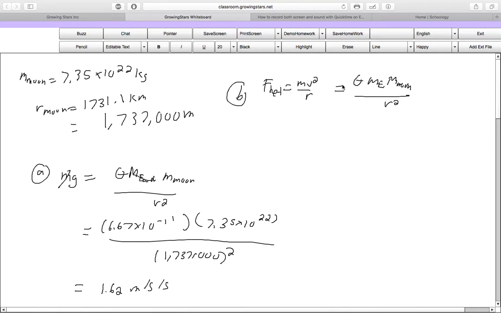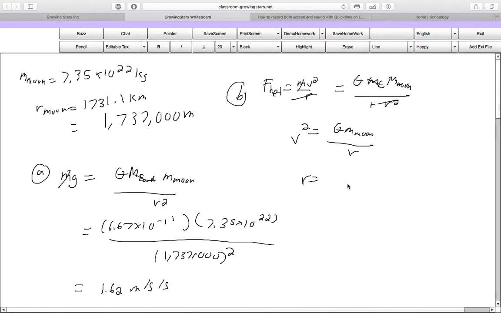We can set these equal to each other. The satellite masses cancel out, and you're left with only one r. They're asking you to find the radius, so you have v squared equals G times the mass of the moon over r.